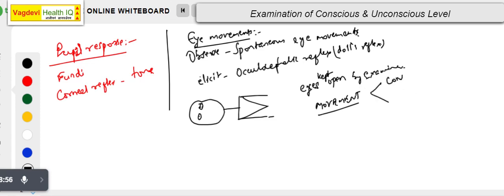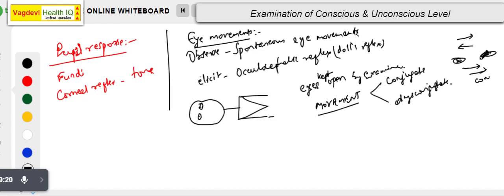Then whether it is conjugate or disconjugate. What is conjugate and what is disconjugate, I'll tell you. Two eyes are there. If both are moving in a parallel direction, then it is conjugate.